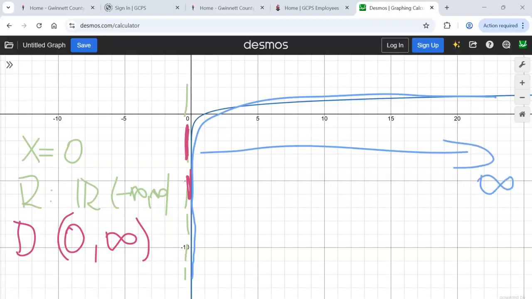That's the area where we're increasing. So 0 to the right, it's the area where the function is traveling up. So this is increase. And again, increase is from 0 to infinity because we read it left to right, okay?